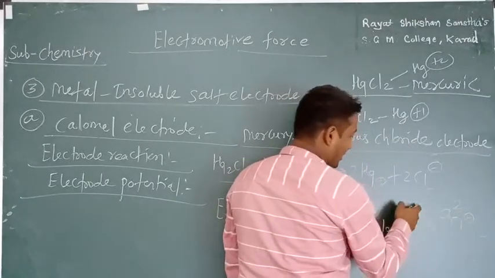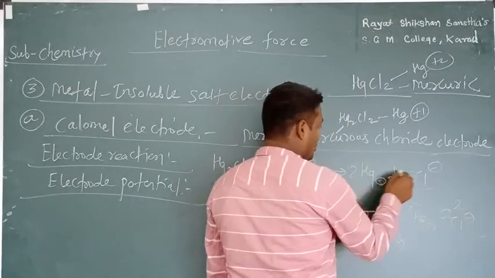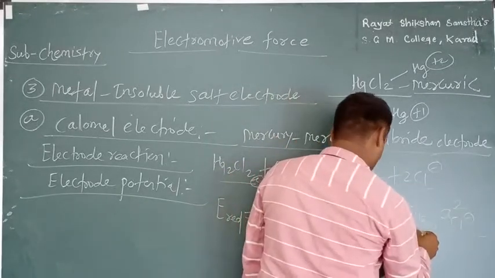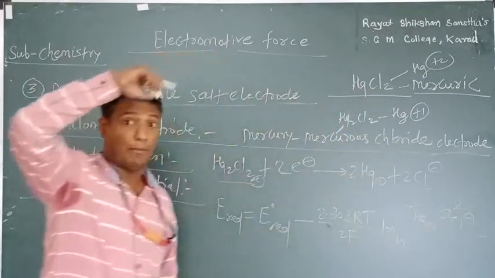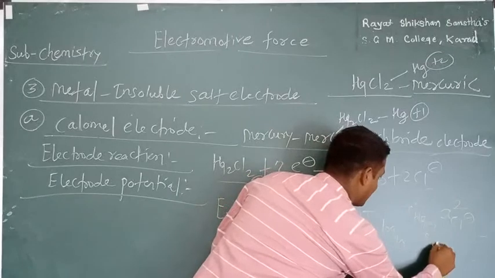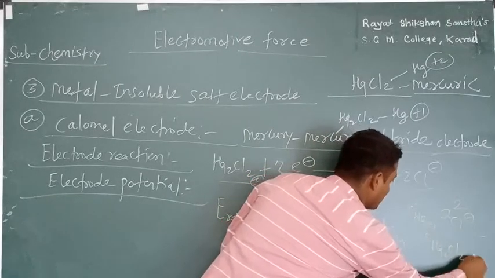Don't forget to write down the square. This is nothing but the coefficient, and we have to write it as the power. Then the activity of reactant Hg2Cl2.